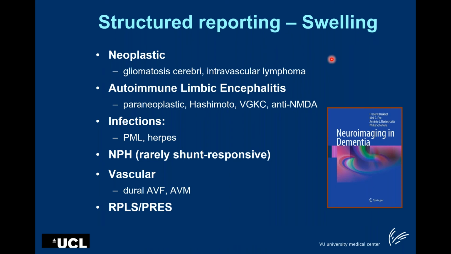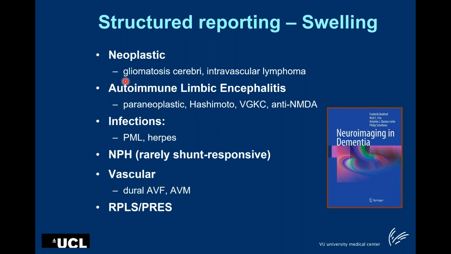Swelling otherwise, PML is another infection that may be associated with cognitive decline, mostly occurs in the setting of immunocompromise. So either a patient with chemotherapy or certain MS drugs develop PML and cognitive decline. Neoplastic disease, I'll show you an example of that.